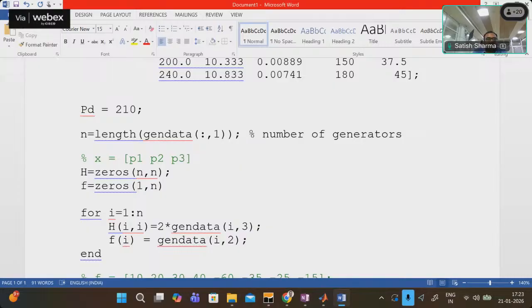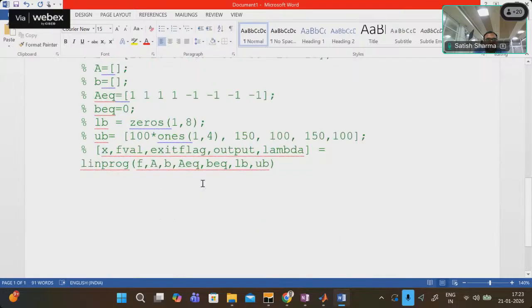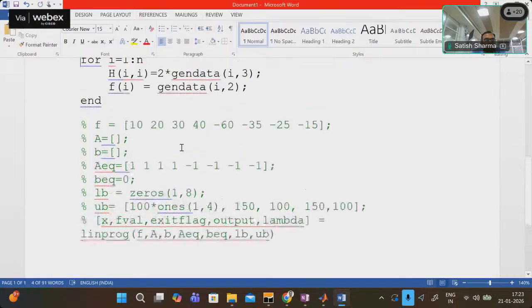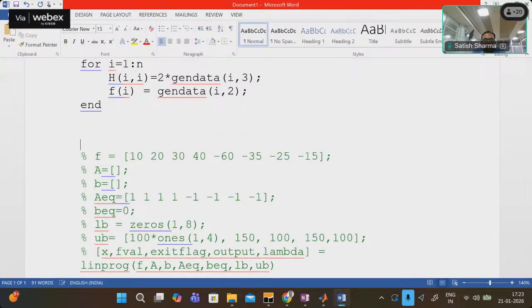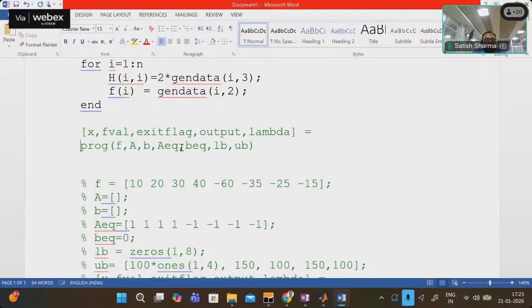Then what else is needed for quadprog? So let me copy paste this part, Control C. So the quadprog will also need this information. Instead of linprog, it will become quadprog, and one extra term H will come here, which represents the second order coefficients in the objective function.